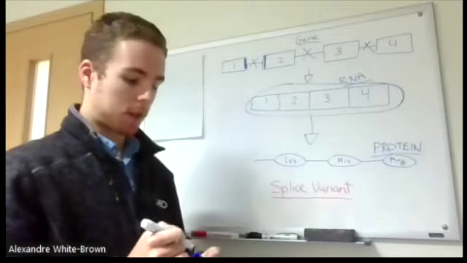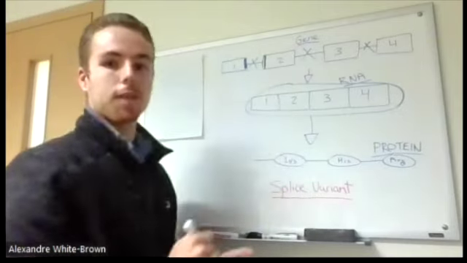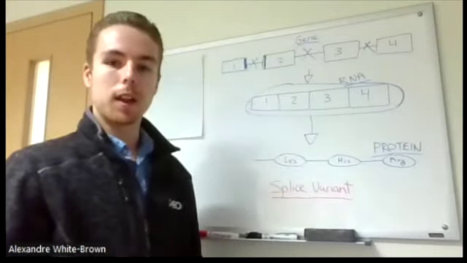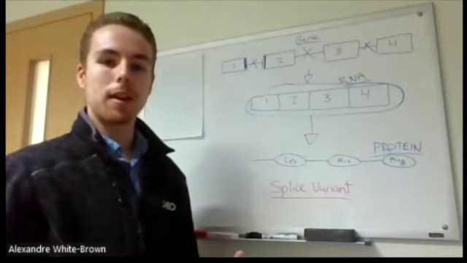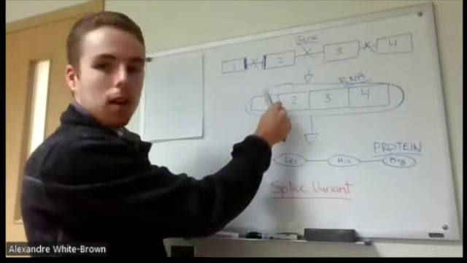So one example is if there is a mutation in the area that can affect splicing, one thing that it can do is mean that we end up with pieces of the intron in this RNA product.